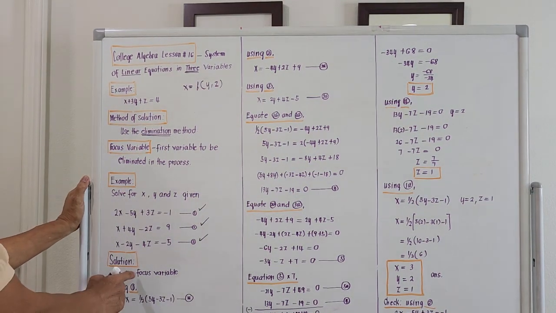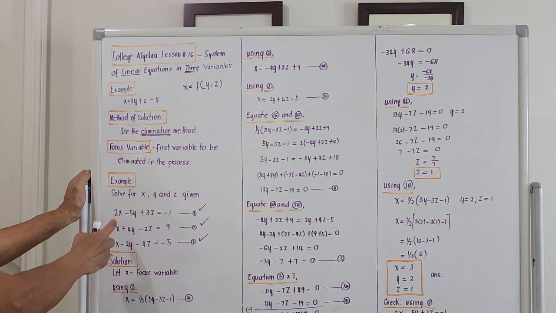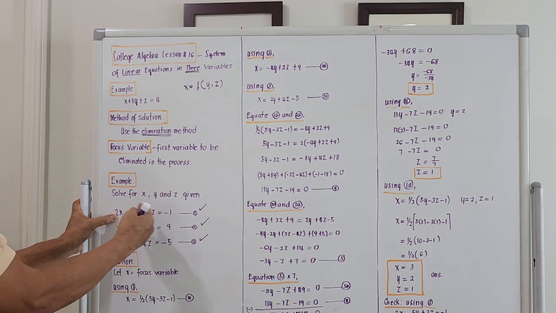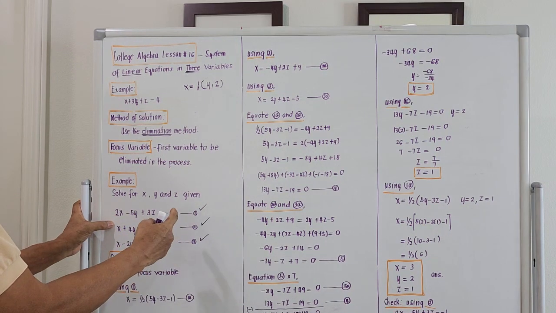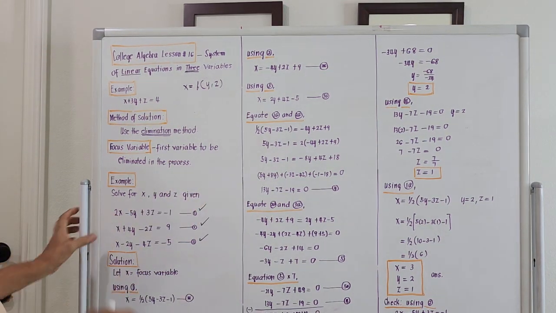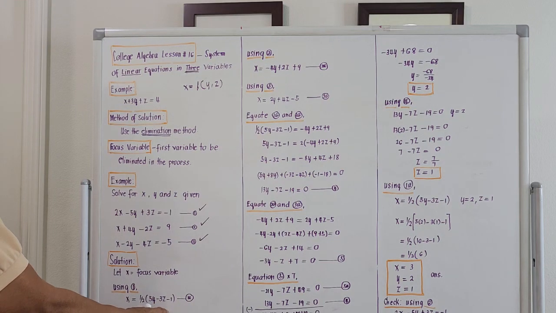Okay, so using equation number 1, x will be equal to, we transpose this one and this one to the right, and we will divide all terms by 2, because there is a coefficient 2 here. So x is actually equal to 1/2 times the quantity 5y minus 3z minus 1.